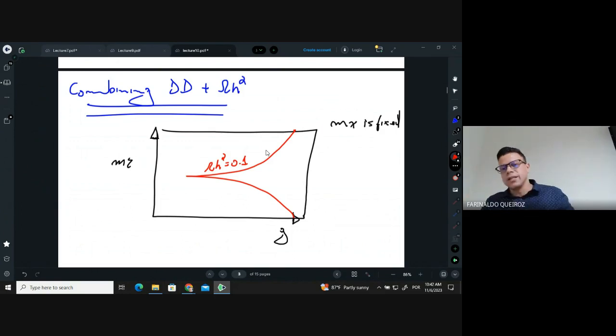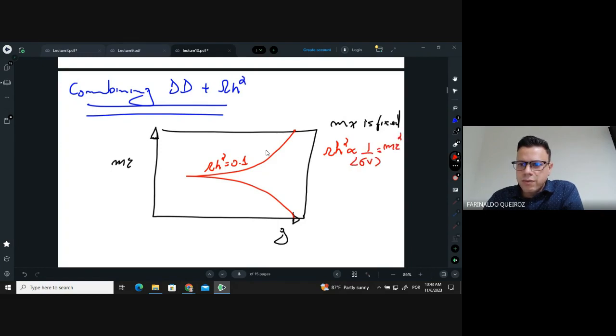As long as you are on top of the red line, you satisfy the correct relic density. Okay? Fine. And remember that omega h squared is proportional to 1 over sigma v. And this is mz to the fourth over g to the fourth, because sigma v is g to the fourth over mz to the fourth.